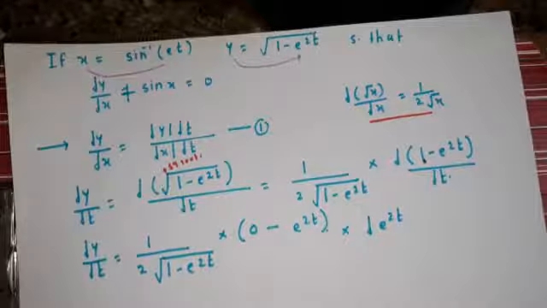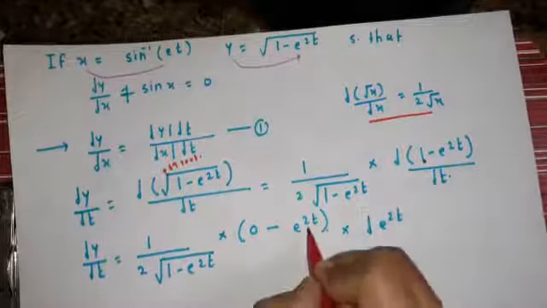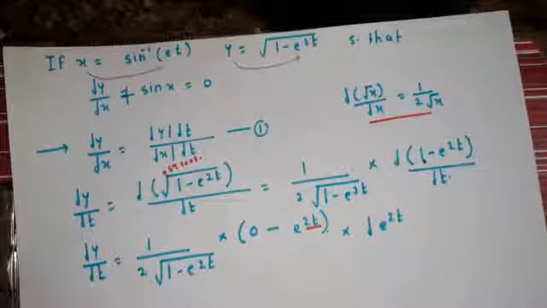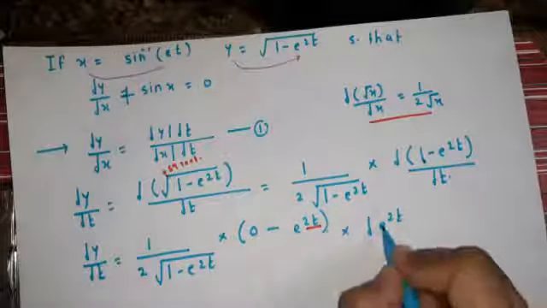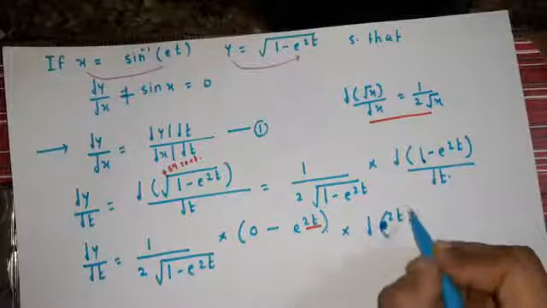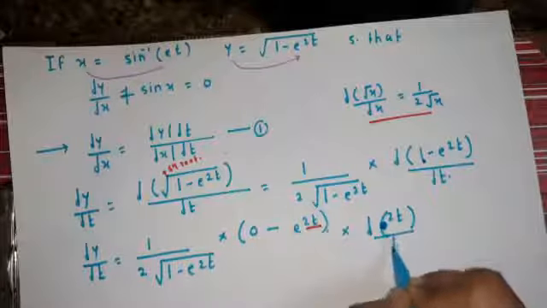Again this 2t is a differentiable function, so differentiate it again: differentiation of 2t with respect to t. Please correct it, we differentiate 2t, not e raised to.